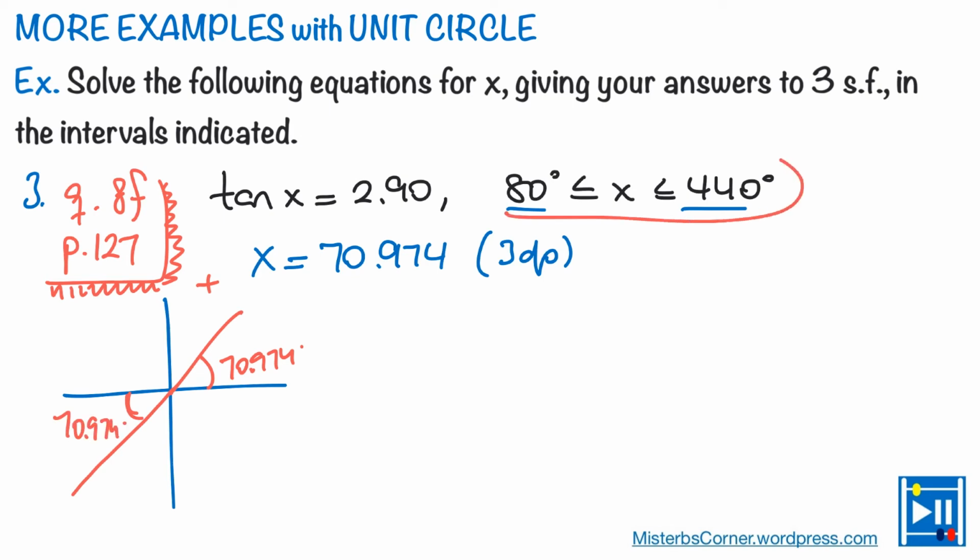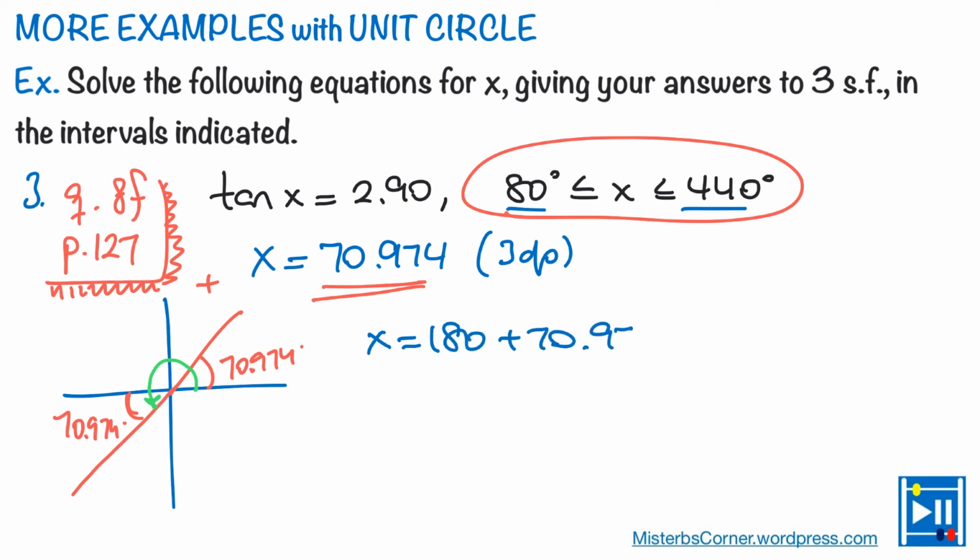So within this interval, I cannot accept this as my answer, but I can accept this as my answer, which will be 180 plus 70.974. This will be nothing but 250.974. So that's my first answer.